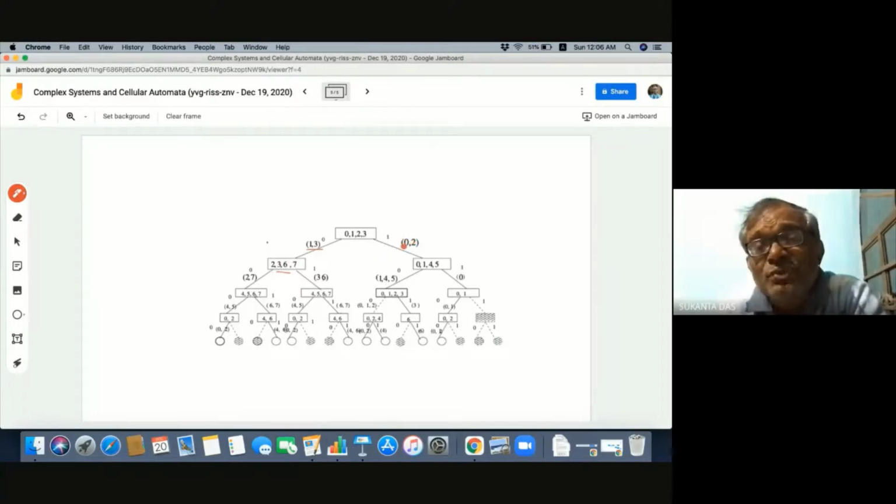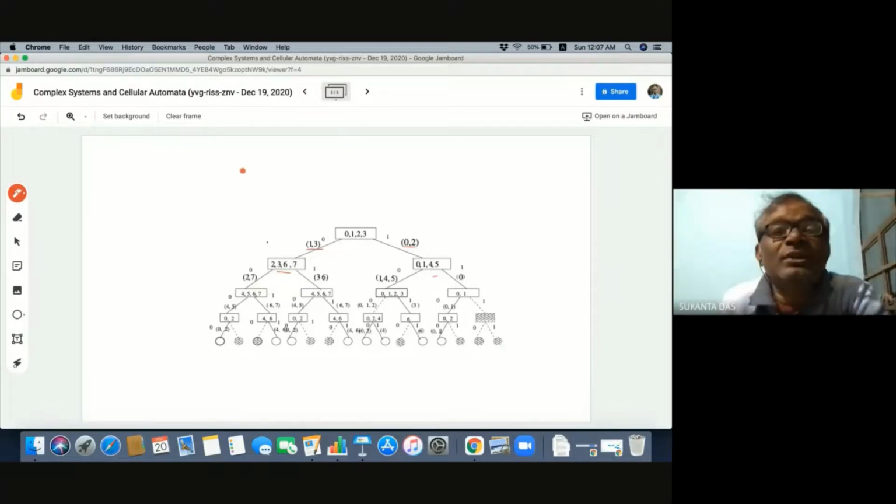So here also from 2 RMTs, I get 4 RMTs. Now these 4 RMTs are distributed again here. So each time it is doubled. From 1 3 we get 2 3 6 7, and this 2 3 6 7 is divided into 2 7 and 3 6. So from 1 3 I am getting 4 here, and here also from 2 I am getting another 4.